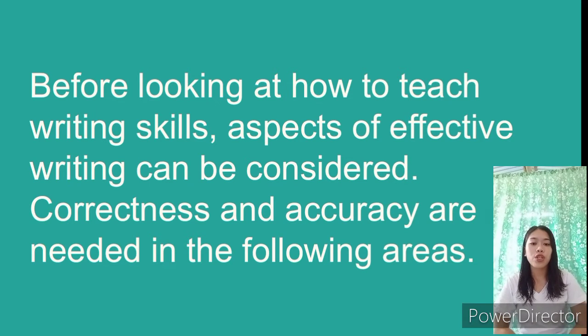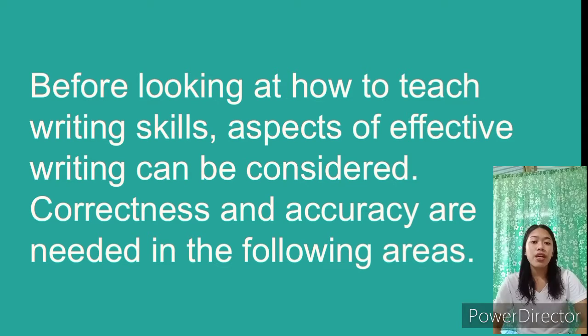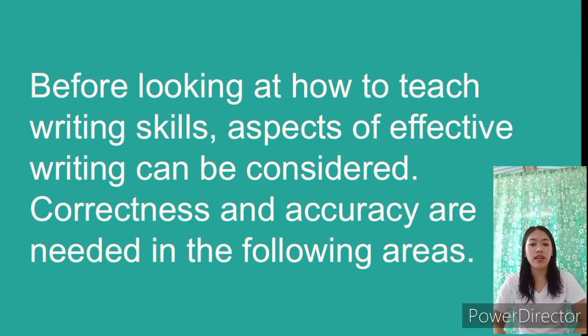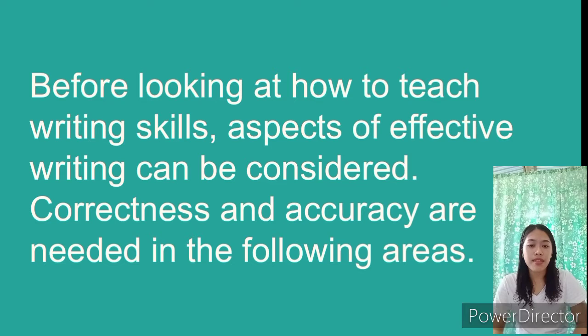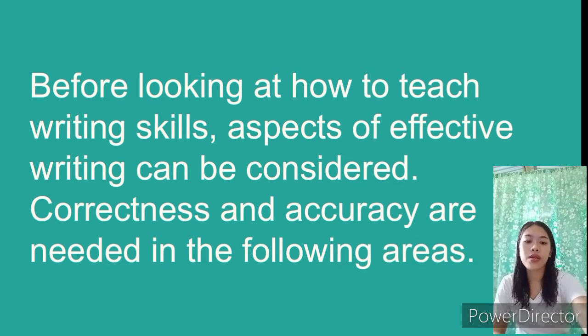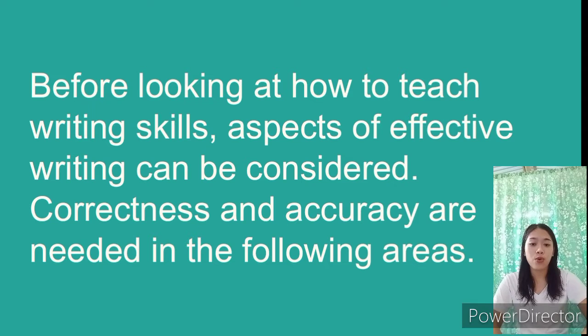In writing an article or any kind of literary piece, if you want to have effective writing, then you, as a writer, should consider the elements or the aspects of effective writing such as correctness and accuracy. By means of those elements, we can improve or develop our potentials in writing.